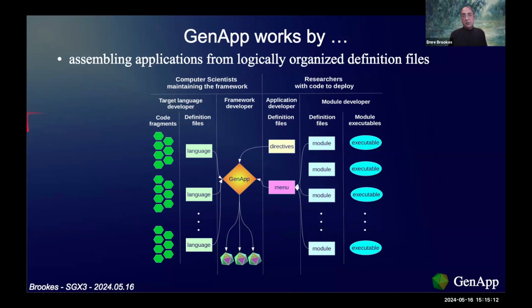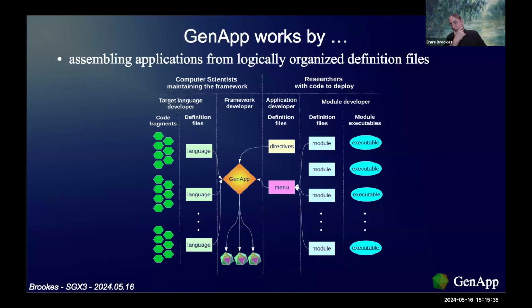And so this is the structure. I will go through the steps in a minute. This is definition file based. They build up these definition files and run the tool. And the tool, the GenApp engine, builds complete applications, plural.